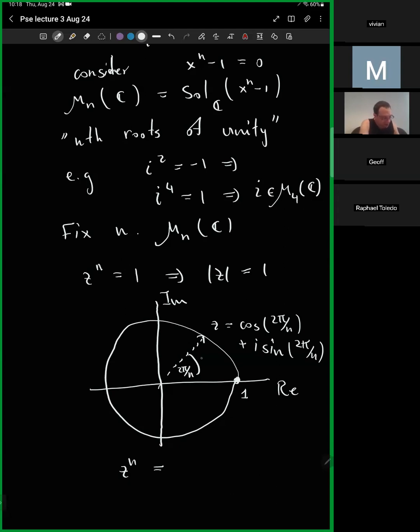So I get cosine 2 pi plus i sine 2 pi, which by properties of sine and cosine is simply 1 plus 0i, which is 1.